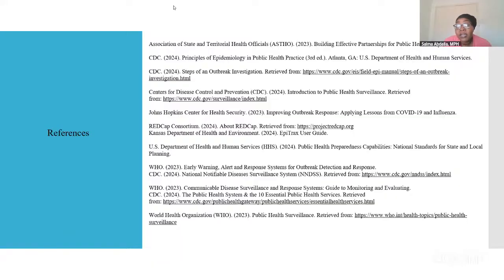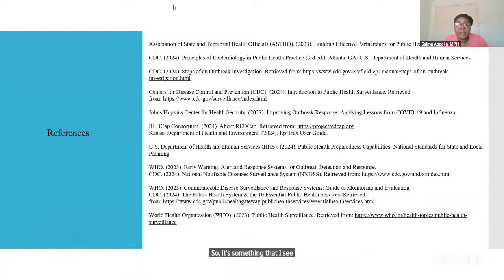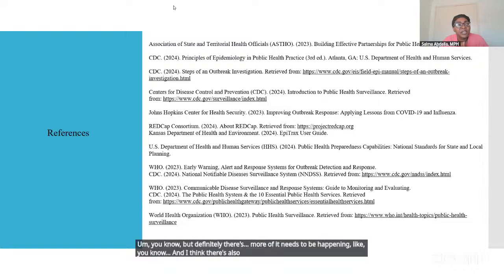But I do see a lot, because I also work with the Dallas County Health and Human Services. They do a lot of health fairs and health screenings. So it's something that I see emerging, and I'm really happy about that. But definitely there's more of it that needs to be happening. And I think there's also the Dallas County HIV clinic too.